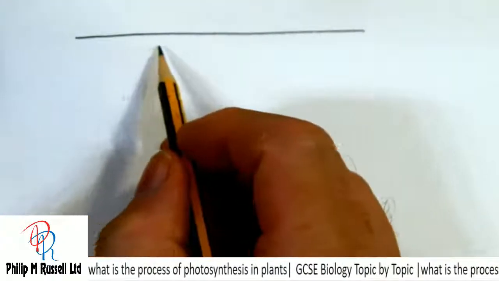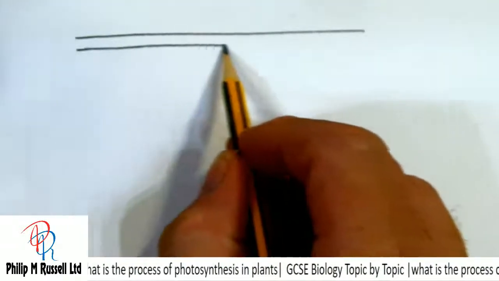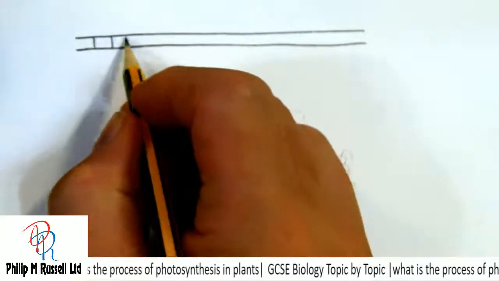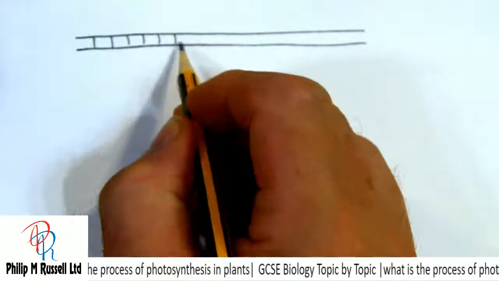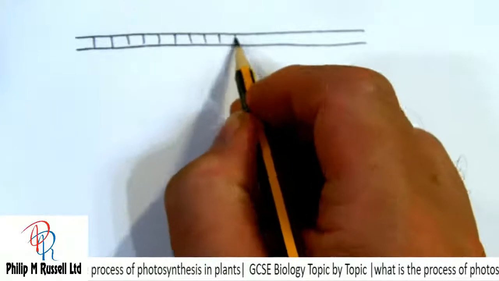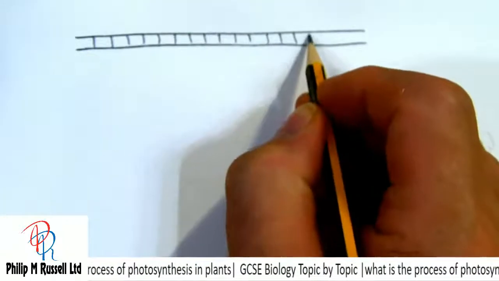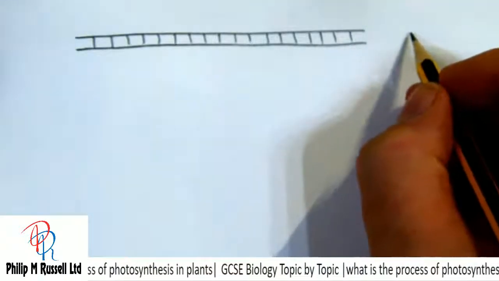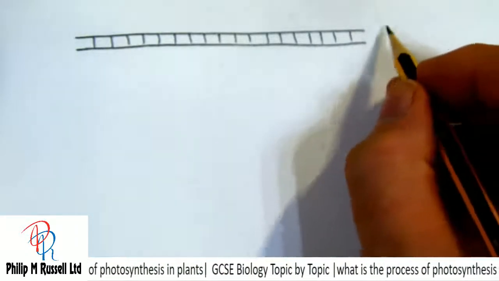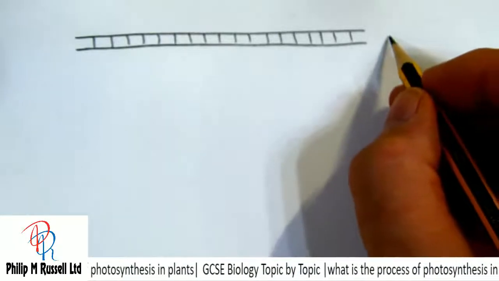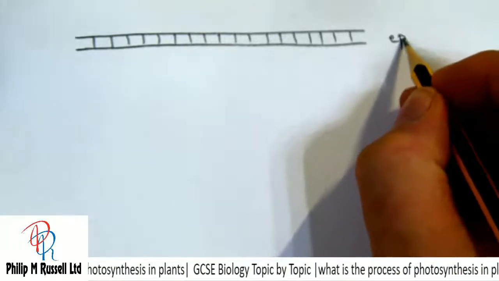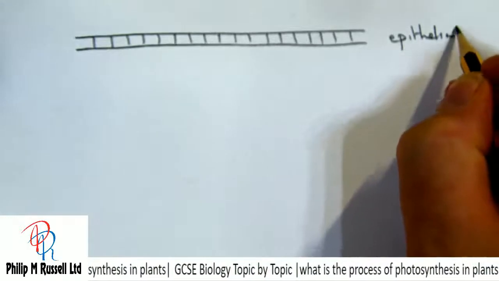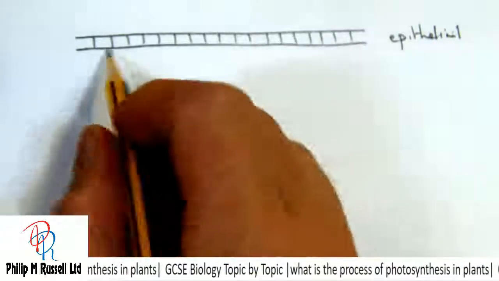A leaf will typically have, and this is a very general leaf, some cells at the top. These tend to be clear, and these cells make the upper layer of a leaf. And these are the epithelial cells.